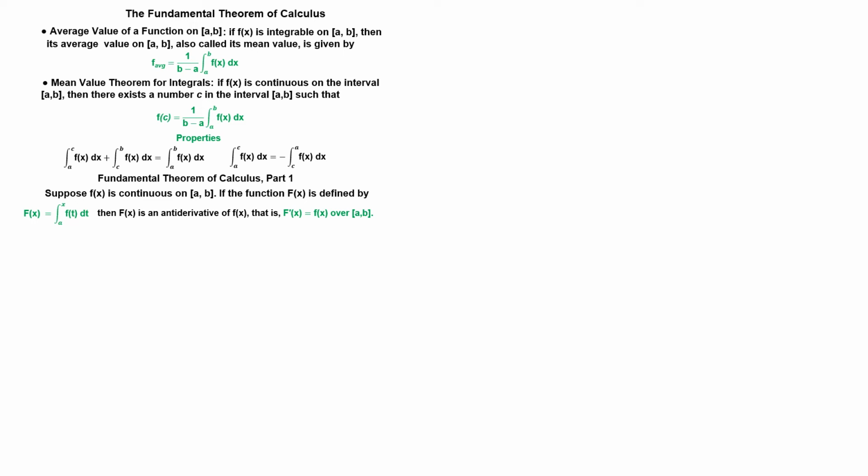Fundamental Theorem of Calculus, Part 2. Part 2 states that the value of the definite integral of a function on [a, b] is the difference of any antiderivative of the function evaluated at the upper limit of integration minus the same antiderivative evaluated at the lower limit of integration.